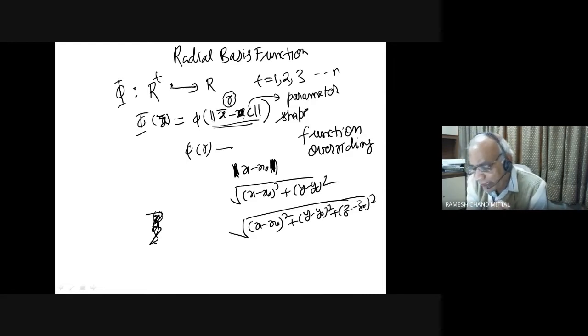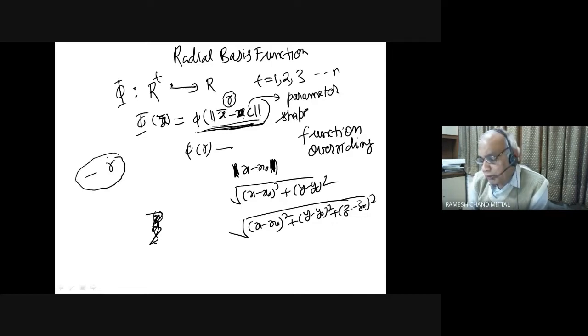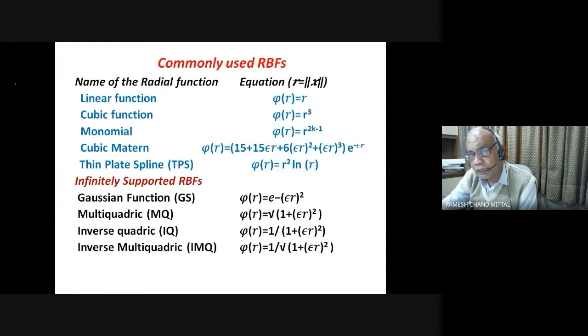So if you vary the point, you will get a different value, and the value depends only on the distance function r, so it is sometimes called a single valued function.